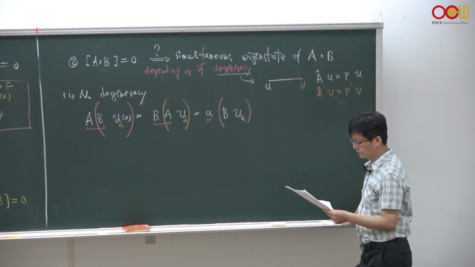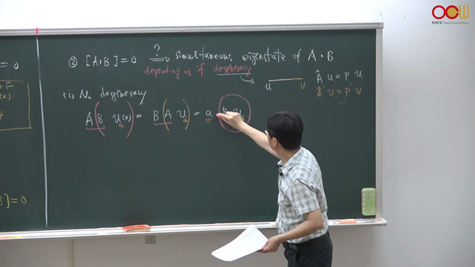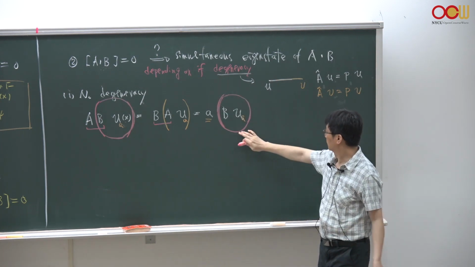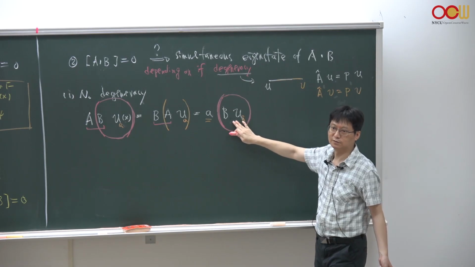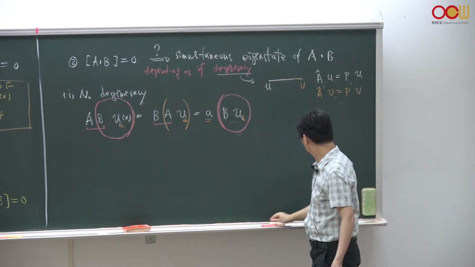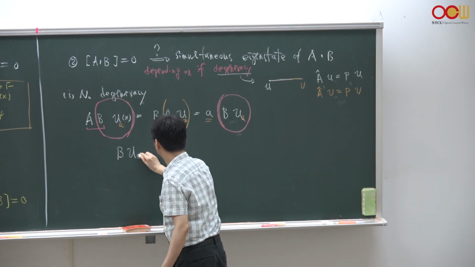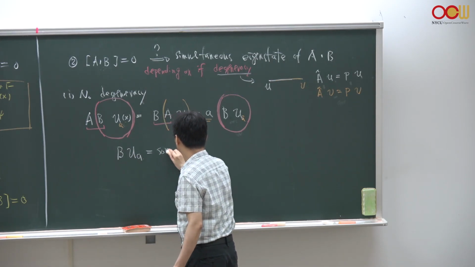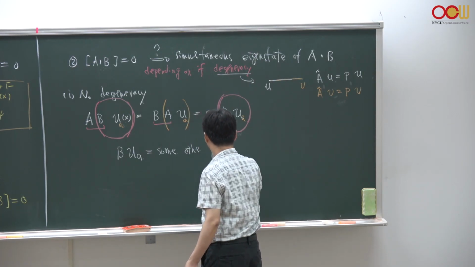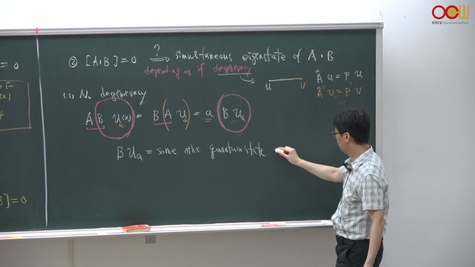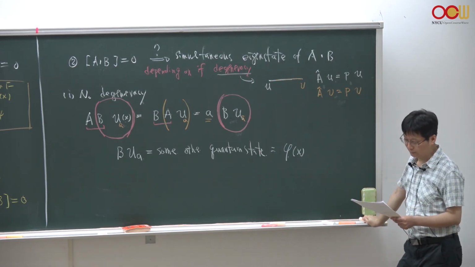Suppose I simply consider this red circle. The red circle represents some quantum state, which I don't know, because this B acting on UA is some other quantum state and can be represented by some wave function, which may be any wave function.